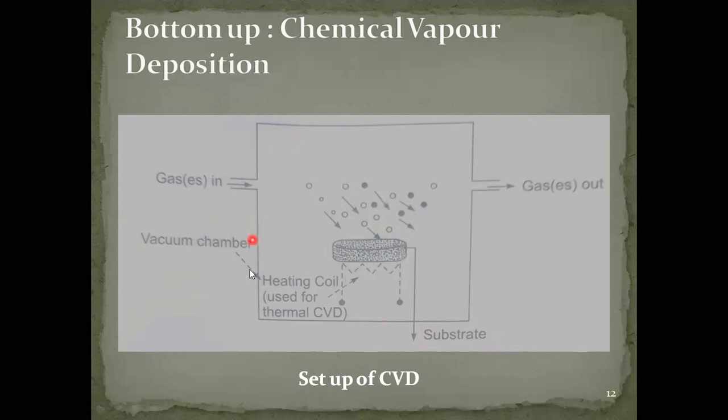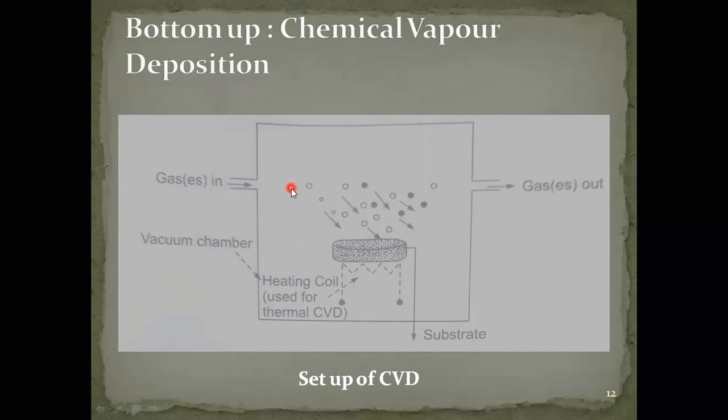So this is the vacuum chamber, and what we are going to do is pass the gases inside the vacuum chamber. What gases do you want? For example, you want to prepare some cadmium sulfide, or argon ion, or something else. Whatever material you want to condense on the substrate, let us say some X and some Y material, you pass X and Y inside the chamber.